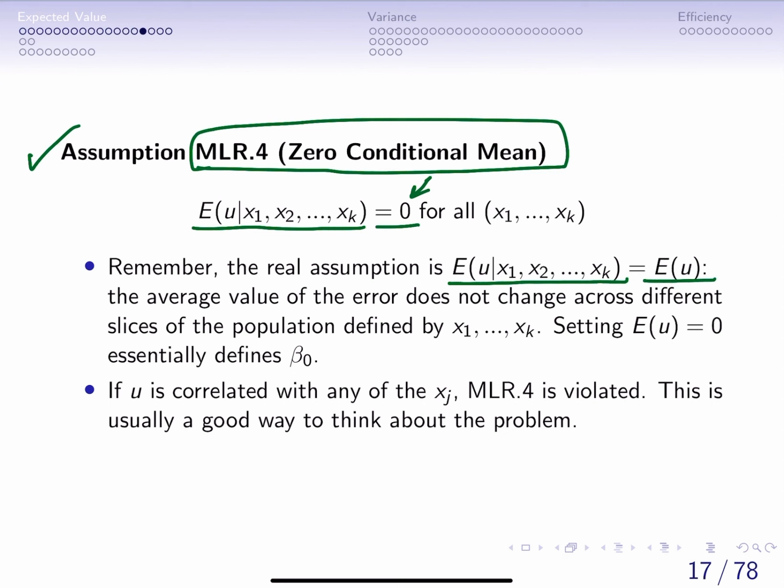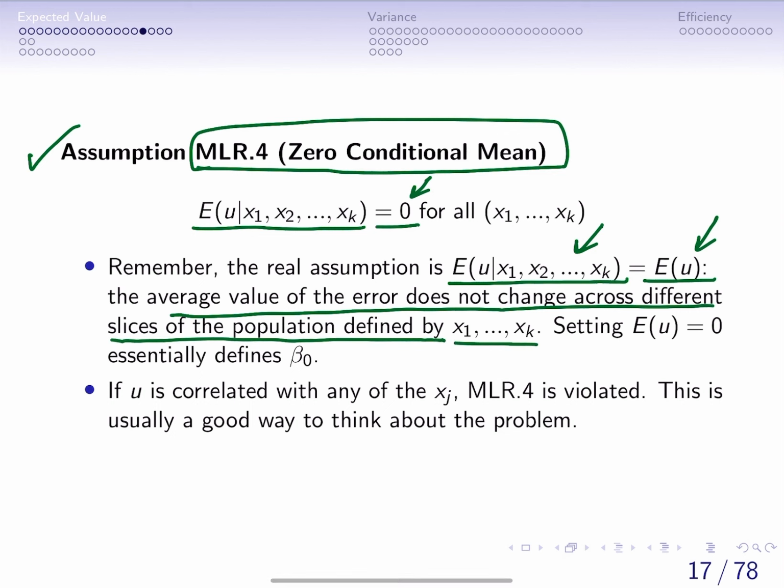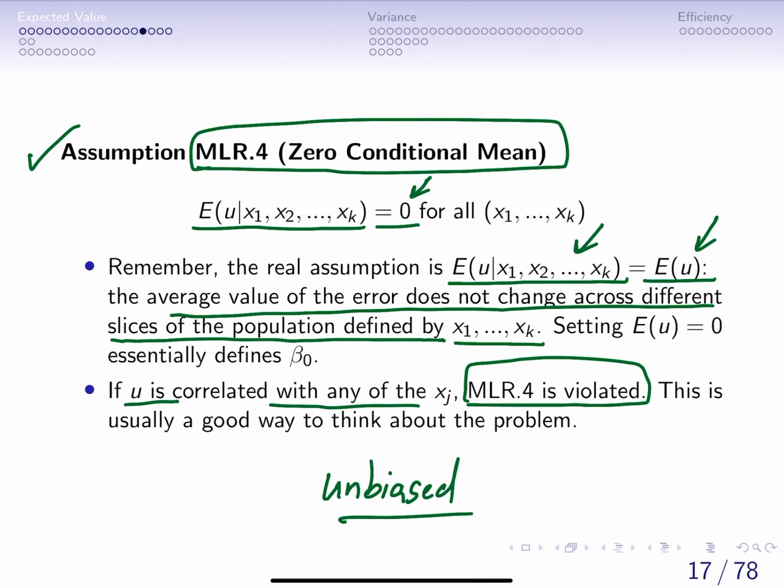So the conditional mean of u should be equal to the unconditional mean of u. The average value of the error should not change across the different slices of the population defined by the different x's. So in case u is correlated with any of the x's in your model, MLR4 is violated, and you do not have an unbiased estimator.